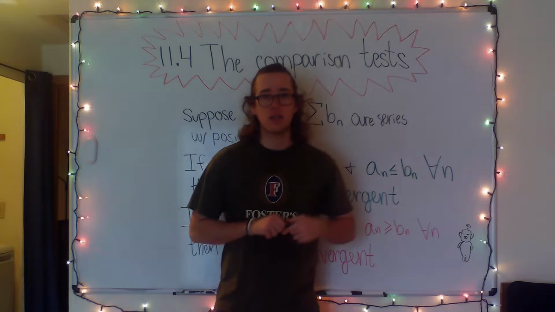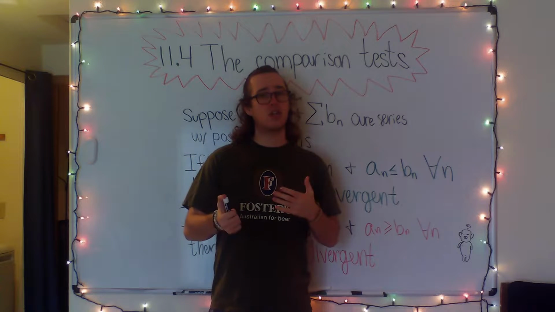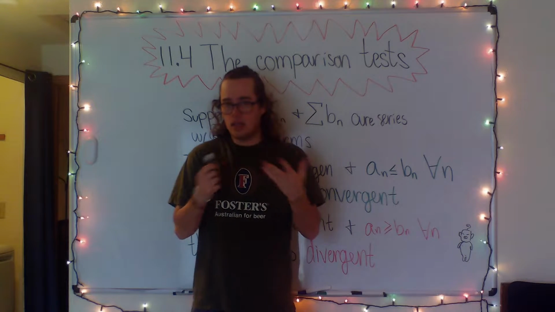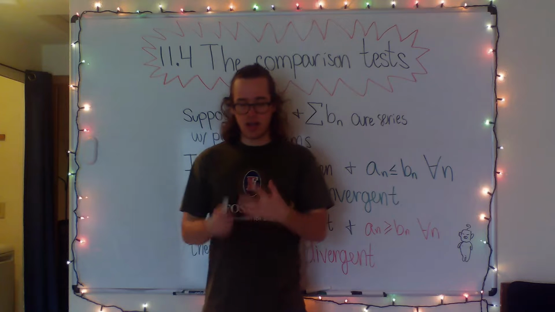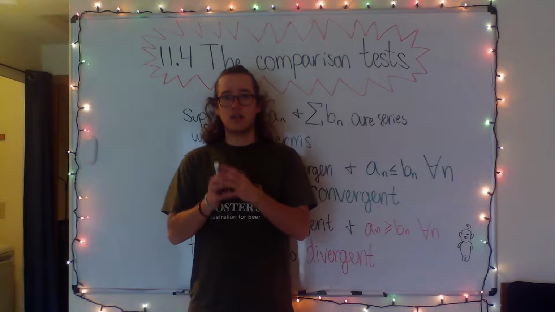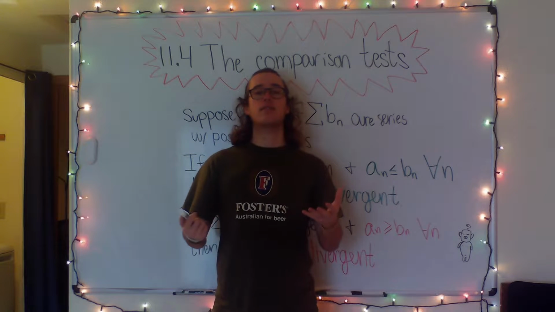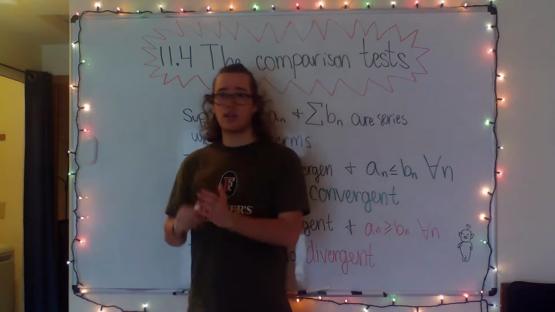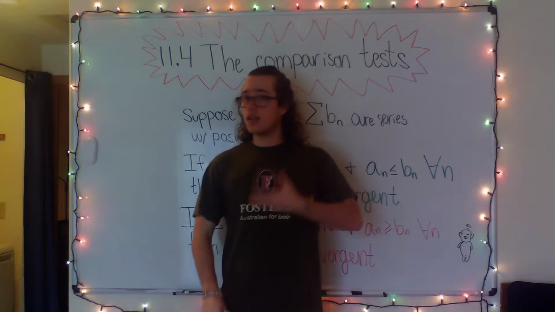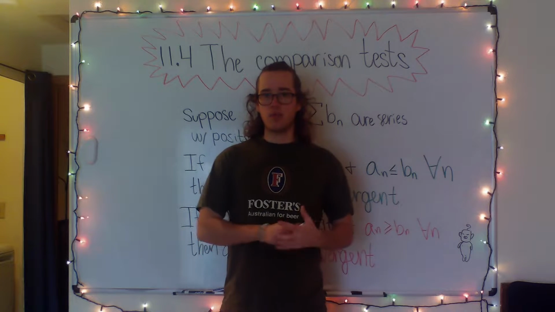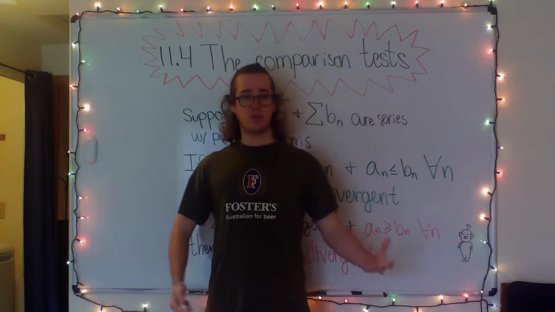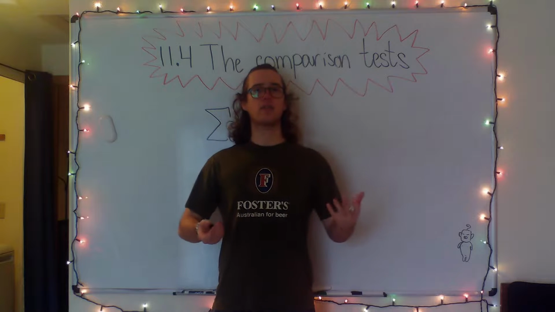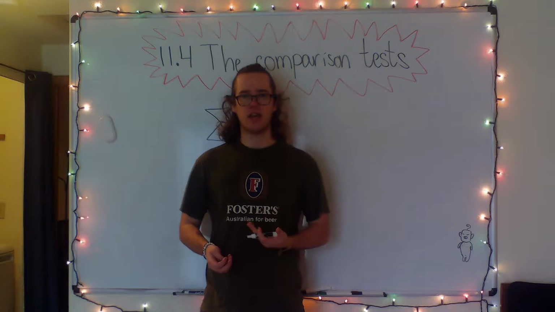If one series converges and there's another series that is less than or equal to it for all the terms, then it obviously makes sense that it has to converge. While if there's a series that diverges and there's an even bigger series above it, it makes sense that that diverges as well.